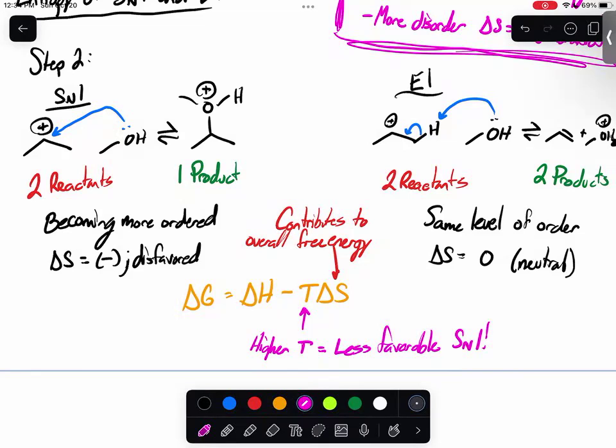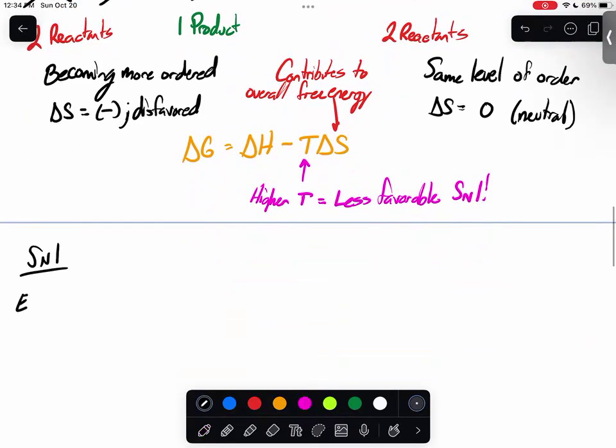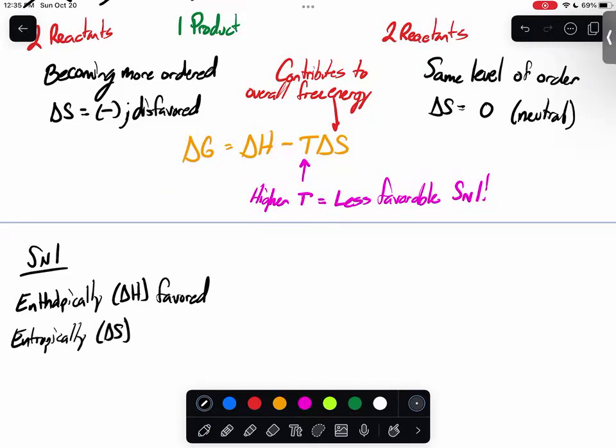All right, but what we're saying here is that SN1 is enthalpically, which is based on our delta H, favored. However, entropically, so talking our delta S, it is disfavored.